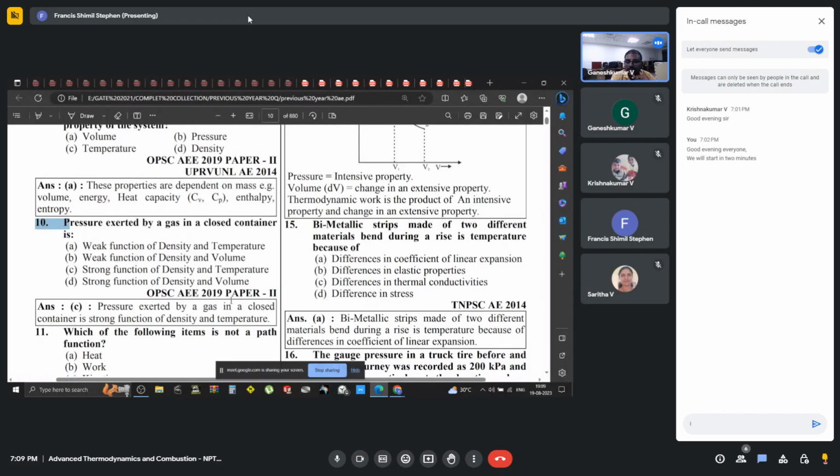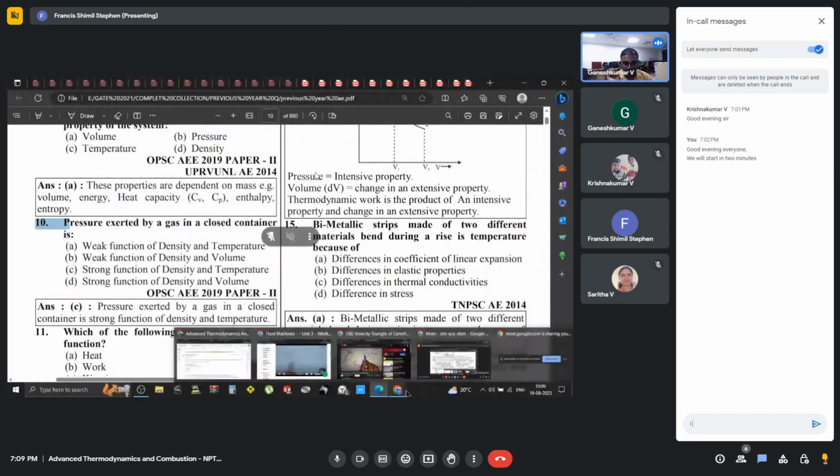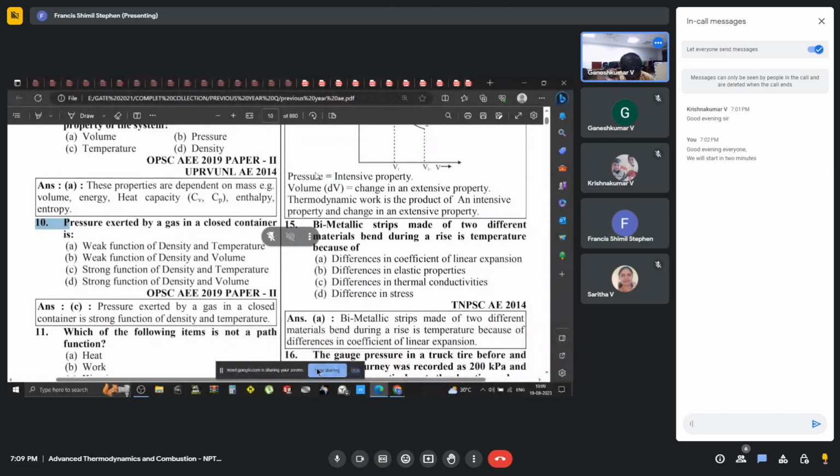If you use an ideal gas, the equation of state will be as follows. Can you stop sharing your screen? Okay, sir.